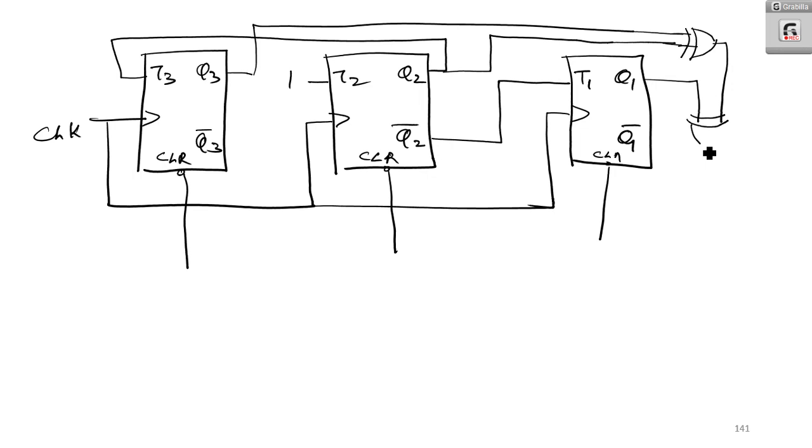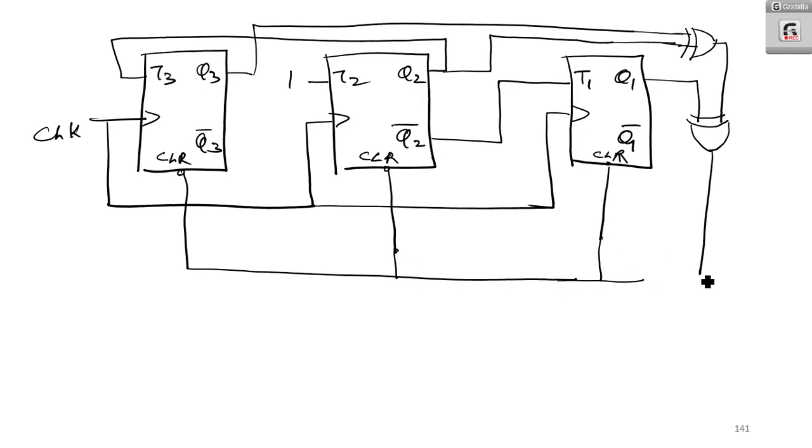If it is clear bar, you should give it through a NOT gate, and if it is clear, you can give it directly. That means this is the reset.